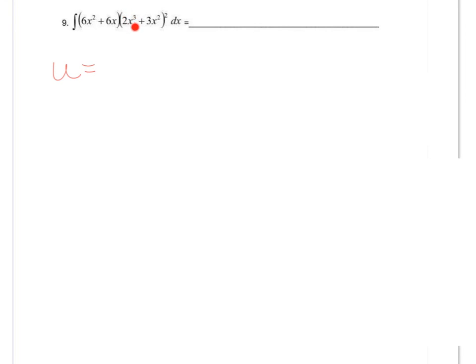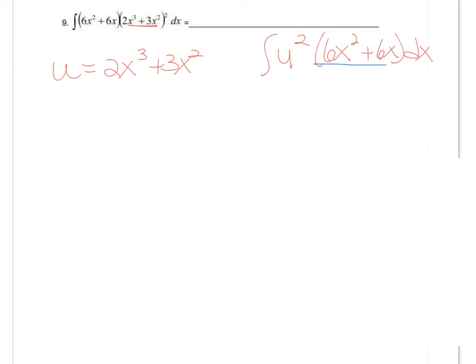But the derivative of 2x to the 3rd gives me 6x squared, which is this term. Plus, all of this binomial is inside another exponent. So our u is 2x to the 3rd plus 3x squared. So I'm going to replace that. And then we're left with 6x squared plus 6x and dx. So we need to replace all of this.